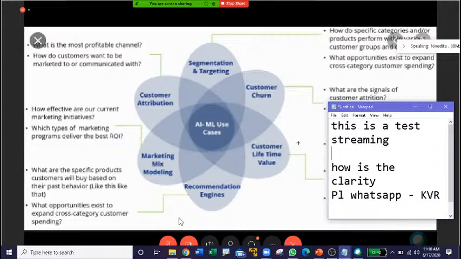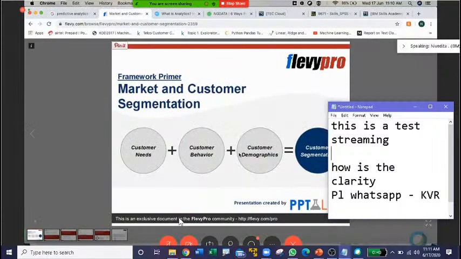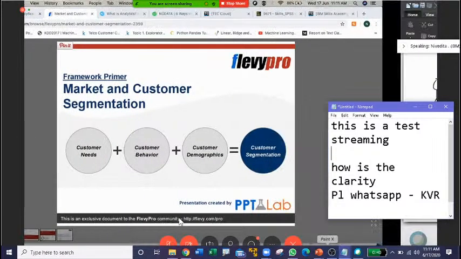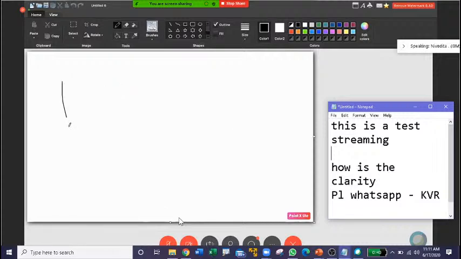More likely to respond. How do we say that they are more likely to respond? Because there is a probability associated with them. So when we predict that this person is going to respond, let's say out of these 1 lakh, I have 1,000 people who actually respond.